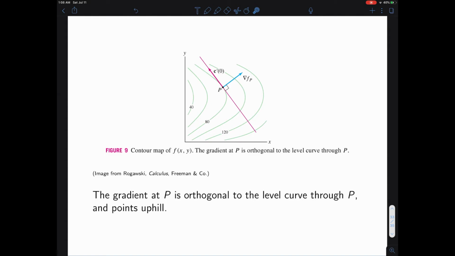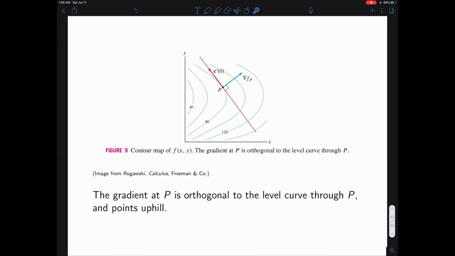And what this figure is illustrating is that the gradient, the blue vector, gradient of f, is perpendicular to the level curve, and it's a perpendicular line for the tangent line. So the level curve has a tangent line, and the gradient of f is a normal vector for that tangent line. Just like in 3D, the gradient vector was a normal vector for the tangent plane.